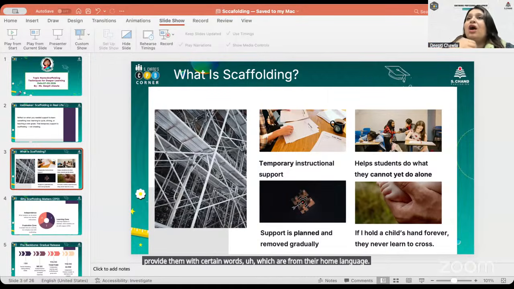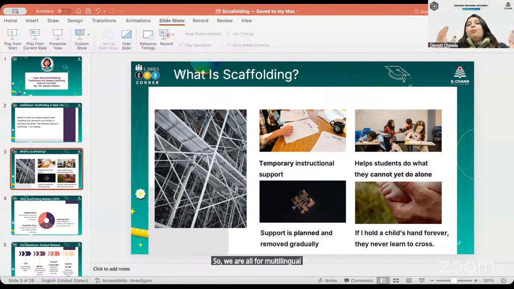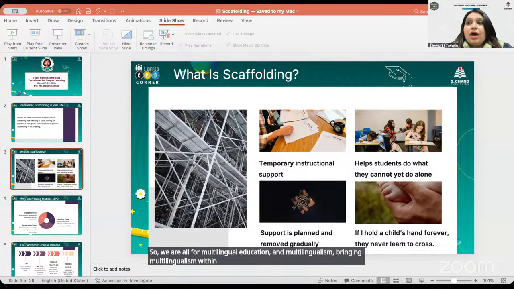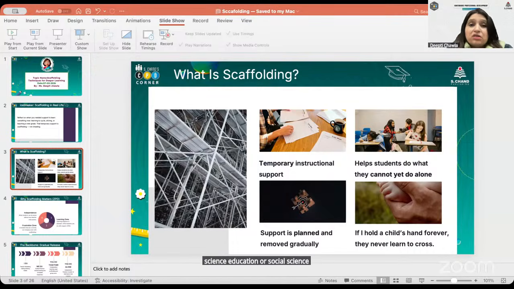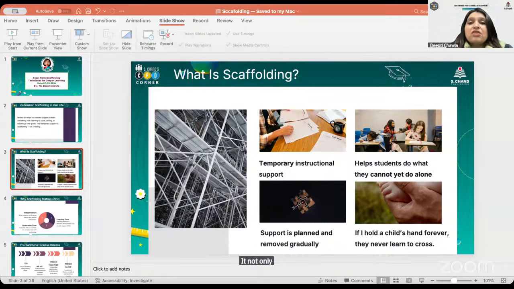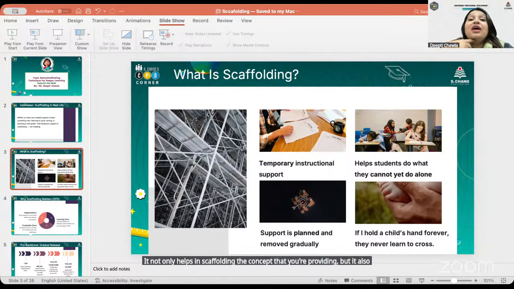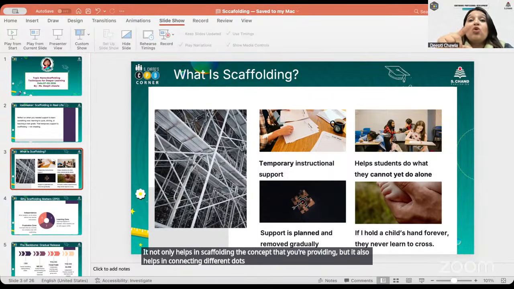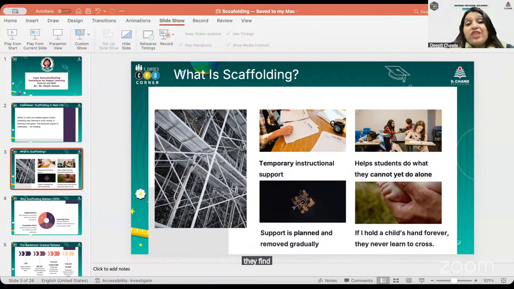So we are all for multilingual education, and bringing multilingualism within the overall framework of science education or social science education can work wonders, especially in the younger classrooms, because it not only helps in scaffolding the concept that you're providing, but it also helps in connecting different dots and taking ownership of their learning, because they find acceptance of their identity. Language is directly linked to identity.